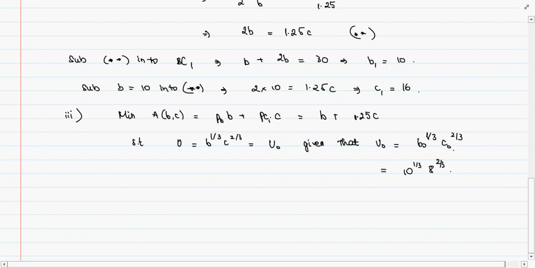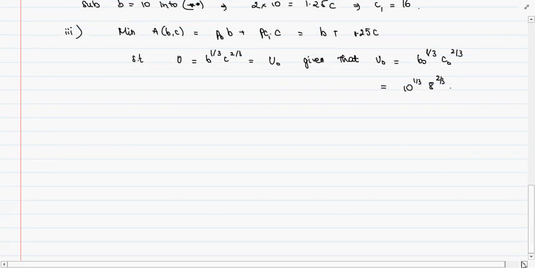Okay, so what we do is again we will just have to equate. Alright, so the optimal condition is still going to be the same. So the optimal bundle that is minimizing the cost is still going to be the bundle where the marginal rate of substitution equal to the negative of the price ratio. Okay, again, marginal rate of substitution remains the same because our utility function is the same.